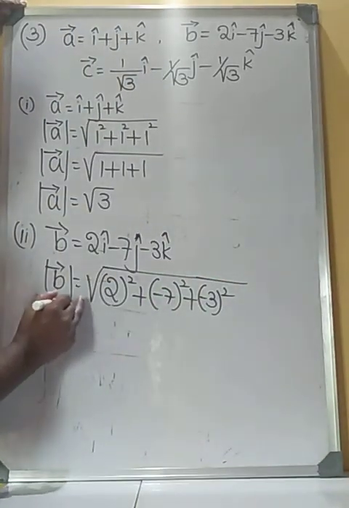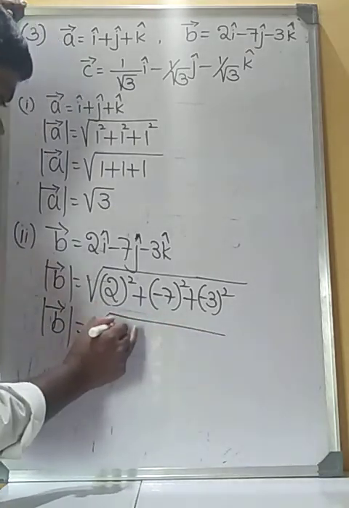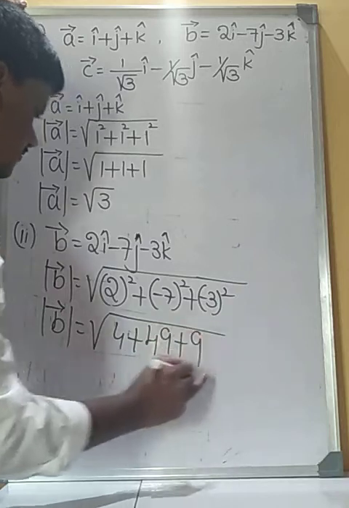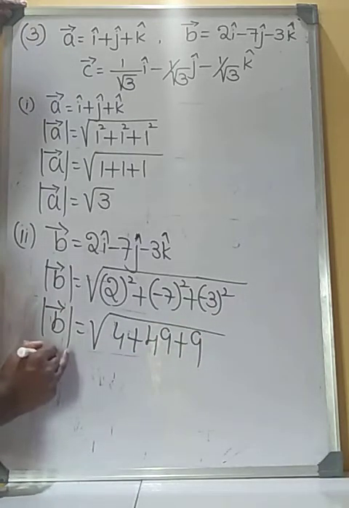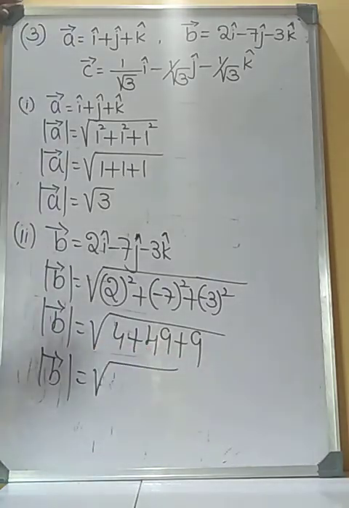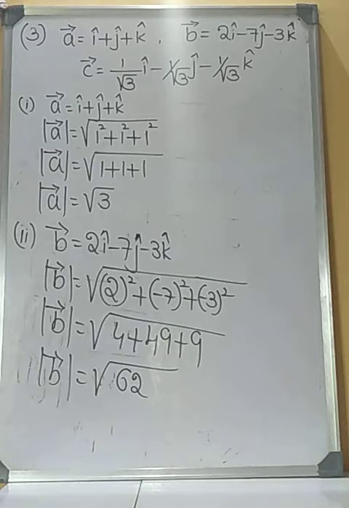Therefore, the magnitude of B vector is root of 4 plus 49 plus 9, which is root of 62. So, root of 62.